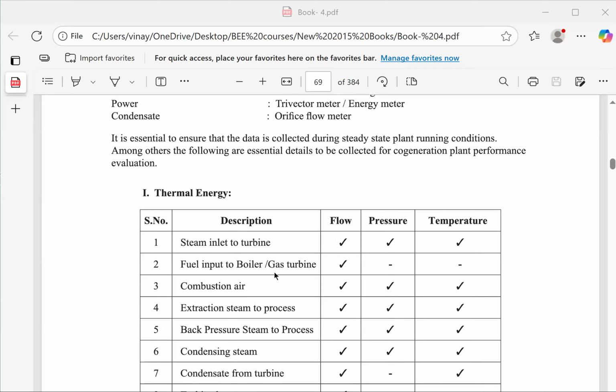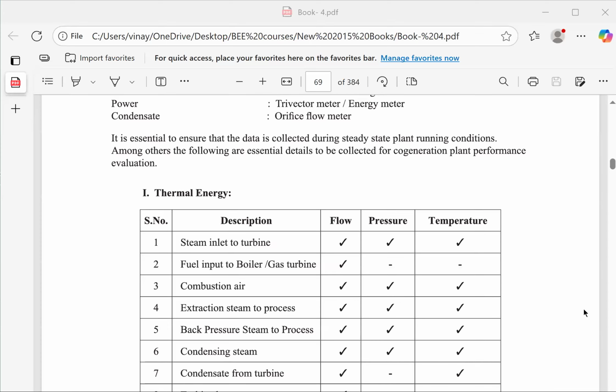Then fuel input to boiler or gas turbine is only the flow, kg per hour or cubic meters per hour. Combustion air is again flow, pressure, temperature. Why? Because we want to know what is the heat given by the combustion air to the furnace. Then extraction steam in the process. Wherever steam is involved, take three readings: flow, pressure, temperature.